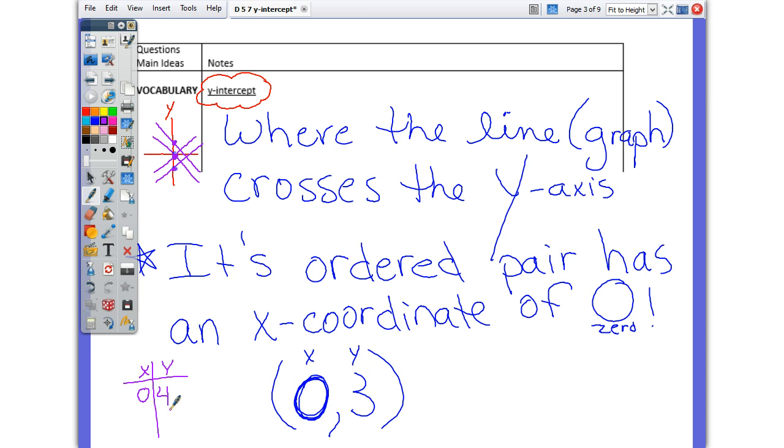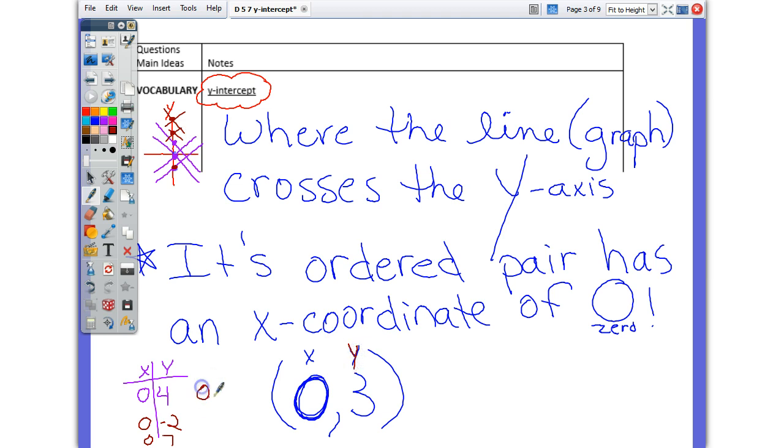Where would that cross on this graph up here? Up at the 4 here. If you have 0, negative 2, your y-intercept, it would cross on the y down here at the negative 2. 0, 7, that means it would cross up here at the 7 somewhere. All right? That's your y-intercept. On a table, anything that follows the 0 is your y-intercept.